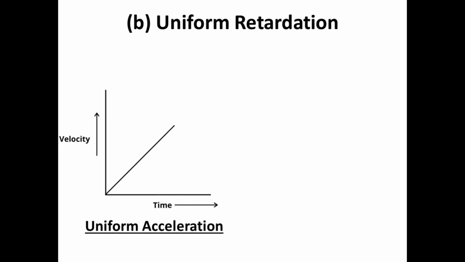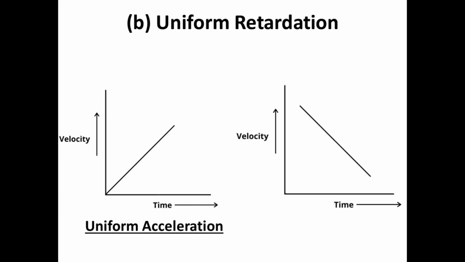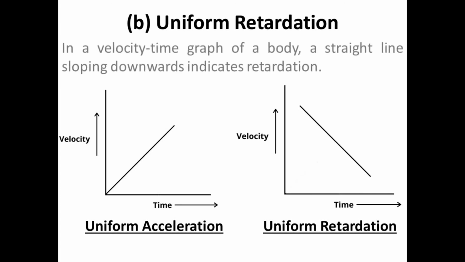Retardation means velocity is decreasing and uniform retardation means velocity is decreasing at a uniform rate. Thus, the velocity time graph for uniform retardation is this one. In a velocity time graph of a body, a straight line sloping downwards indicates retardation.